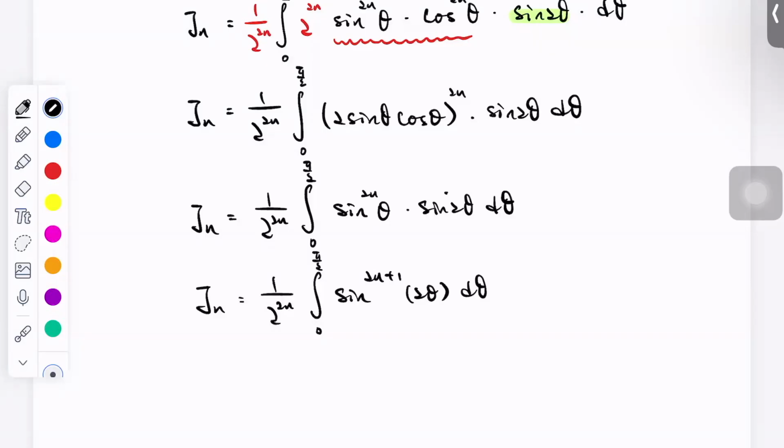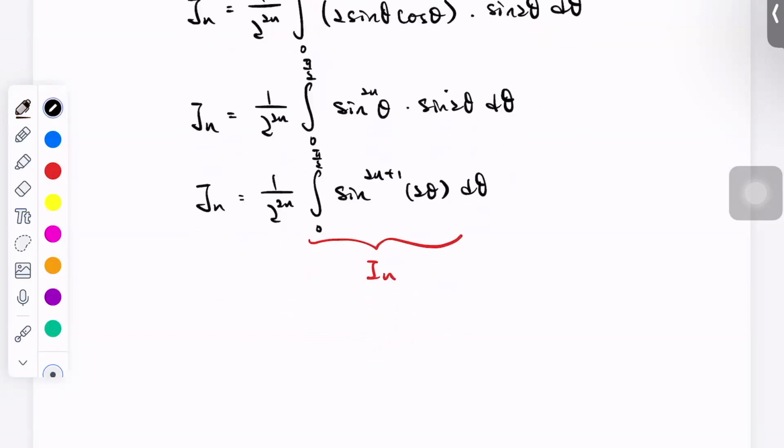Do you have any familiarity with this guy? This guy indeed is your In. Miraculous. So this is your 1 over 2 to the power of 2n. Then what is your In? Your In is the stuff that you have proved in your part 2.